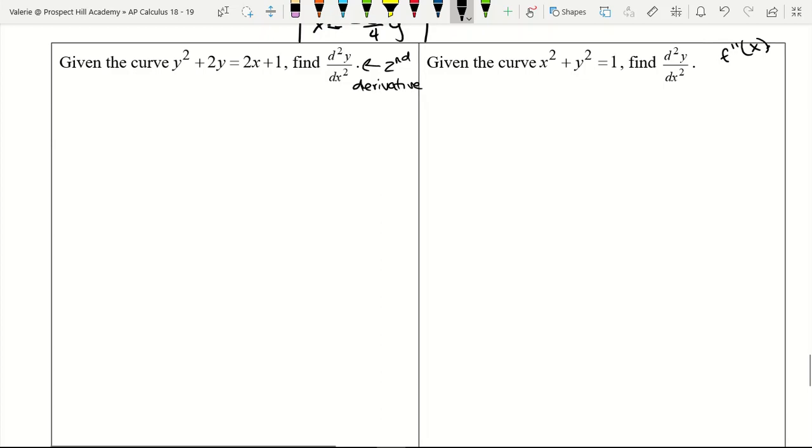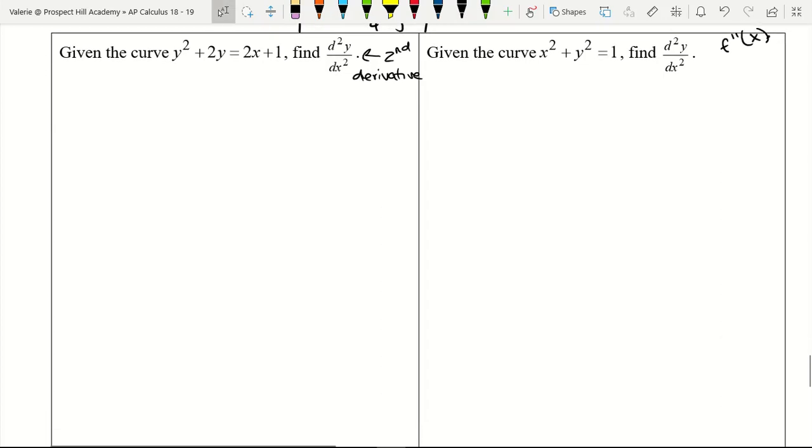So I'm going to do the problem on the right side, since that one is a little trickier than the problem on the left. The problem on the right, we're given the curve x squared plus y squared equals 1, and we want to find the second derivative. So we're going to find the first derivative.